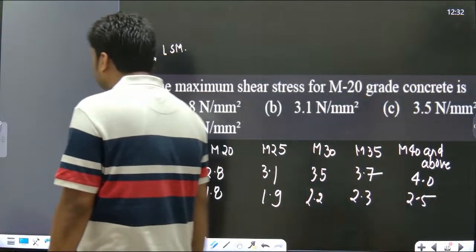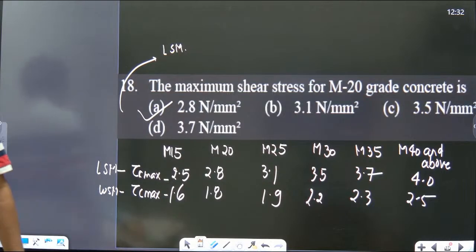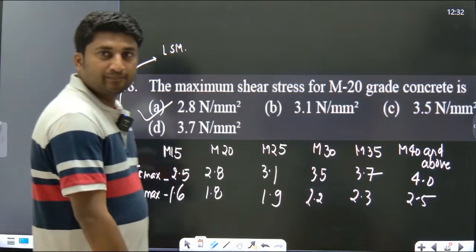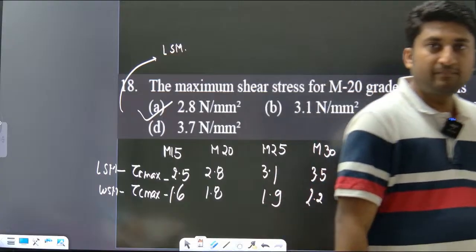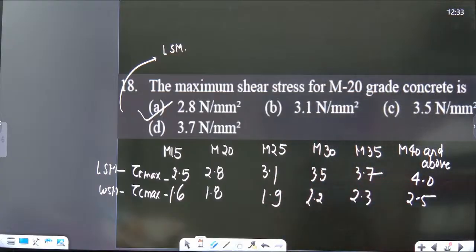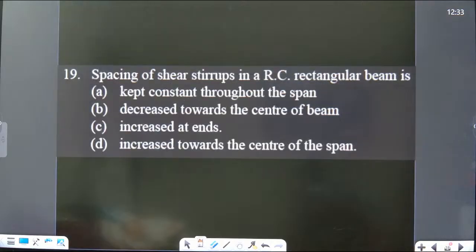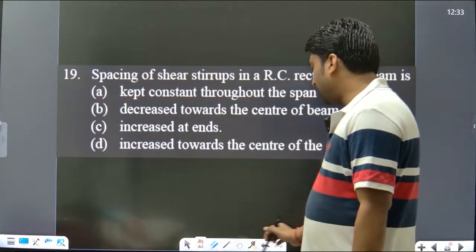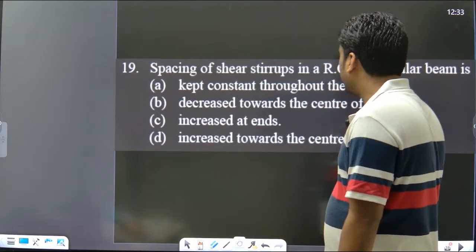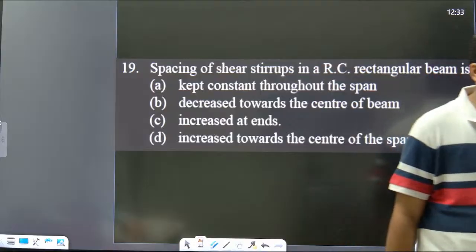Clear everyone? Moving ahead with the next question. This is a very simple question. Answer it.